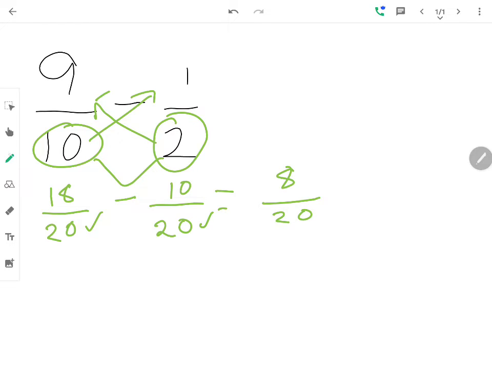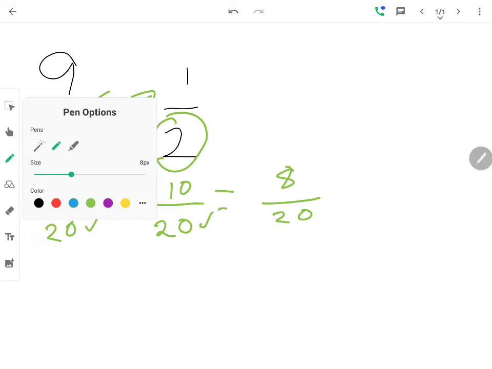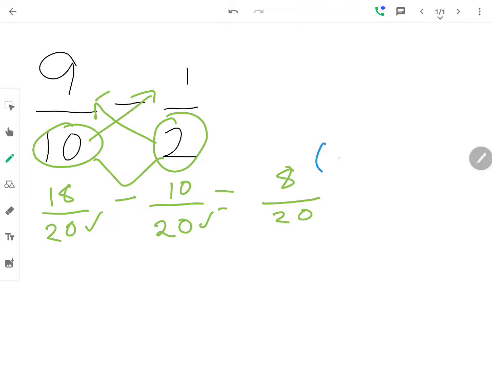Now, you should be able to reduce that number. So, we'll need to know the factors.